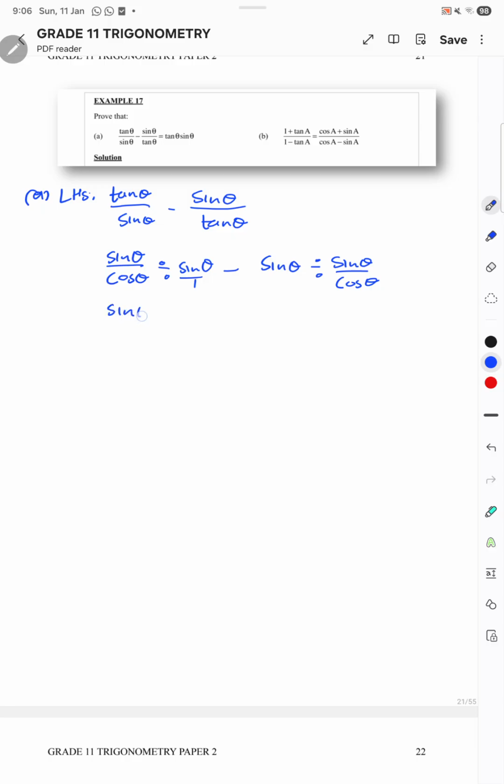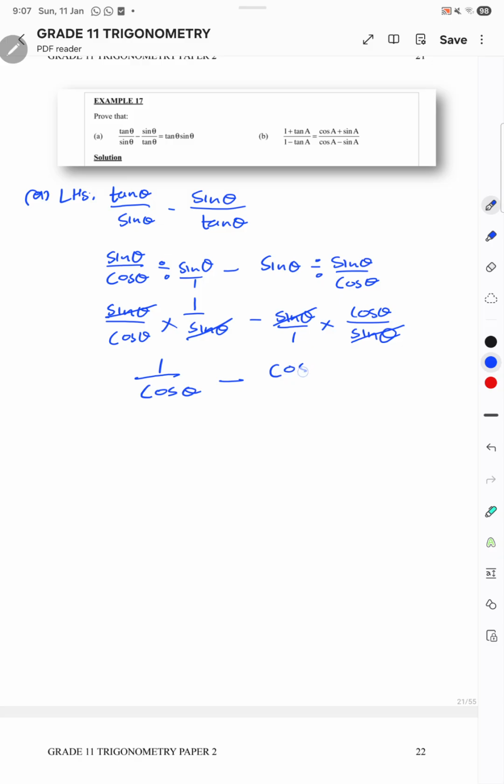Now this is the same as sine theta over cos theta times 1 over sine theta minus sine theta times cos theta over sine theta. This will cancel that, this will cancel that. This side I'm left with 1 over cos theta minus cos theta.